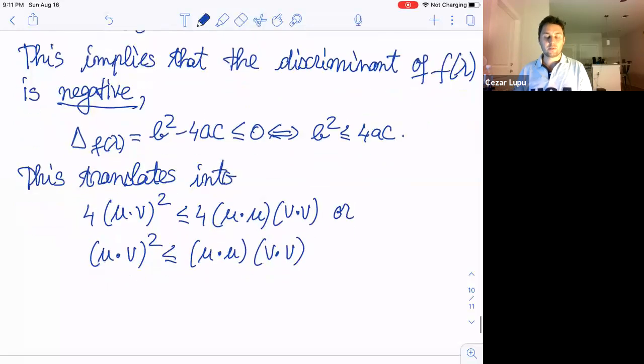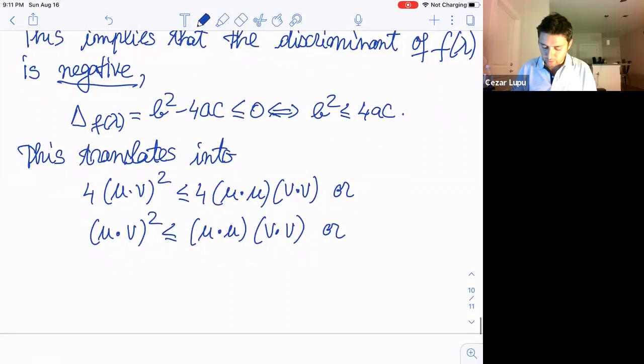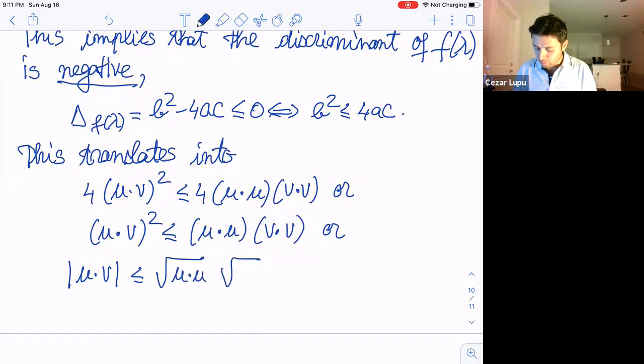Or if we want to take the square root, this will be equivalent with the absolute value of u dot v is less or equal than the square root of u dot u times the square root of v dot v, which is just the magnitude of u times the magnitude of v. And that's it. End of the proof, right?